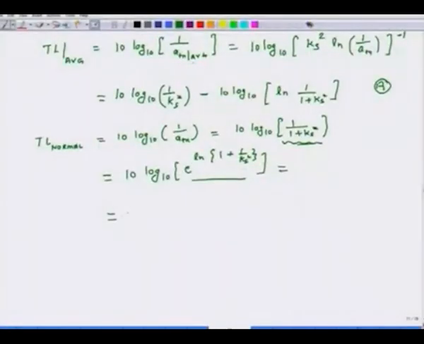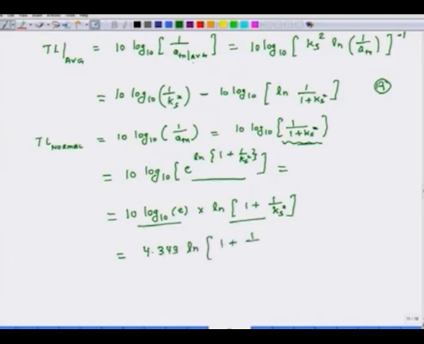Now I rewrite it further. So, what I get is 10 log of 10 of E times natural log of 1 plus 1 over k s square, and this number comes out to be 4.343, and then from here I get natural log of 1 plus 1 over k s square.